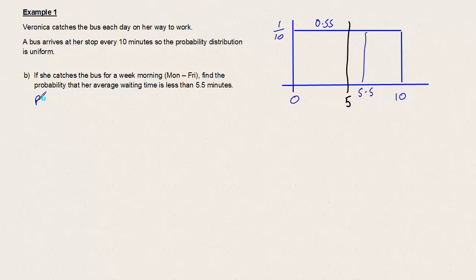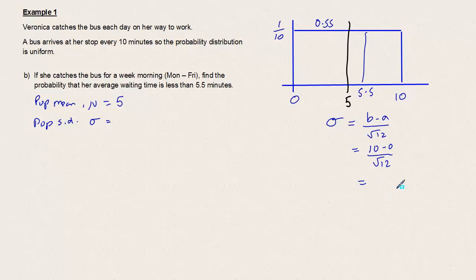So we can say that the population mean, which is always called mu, is 5, and the population standard deviation, well, you probably won't be expected to work this out, but sigma is always b minus a over root 12. So here that's 10 take away 0 over root 12.